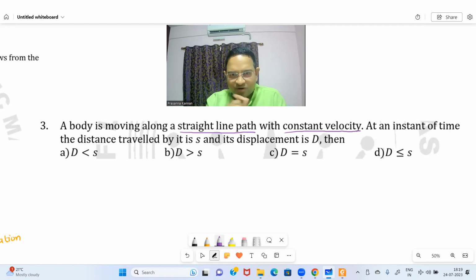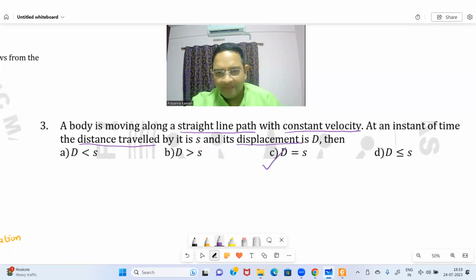So when I say the velocity is constant, the magnitude of the velocity is constant and the direction is also constant, which means it doesn't change direction. When it's moving in a straight line with the same velocity, then displacement and distance are equal. Exactly. That's it. Simple.